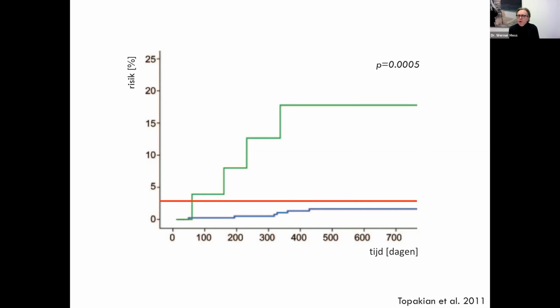And I think this is very important for the practical implementation. The red horizontal line indicates the assumed risk you undergo when you have carotid endarterectomy. So this is roughly the risk of a stroke or TIA when you are operated on.